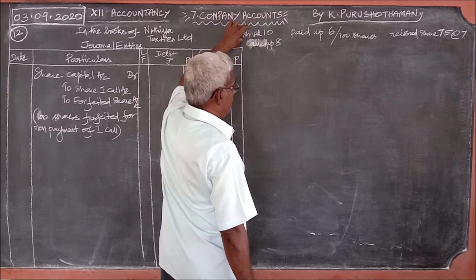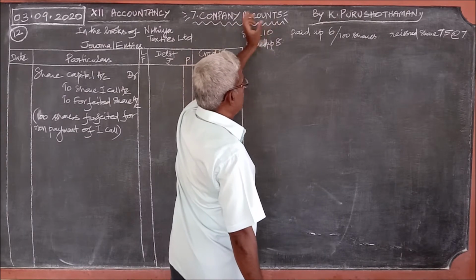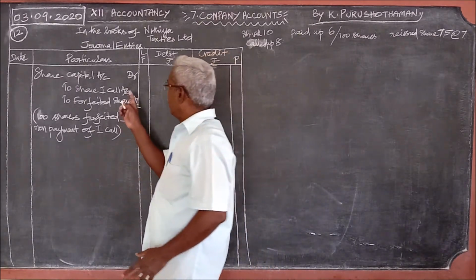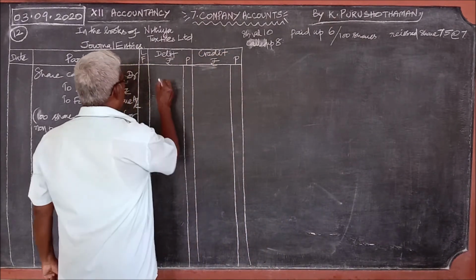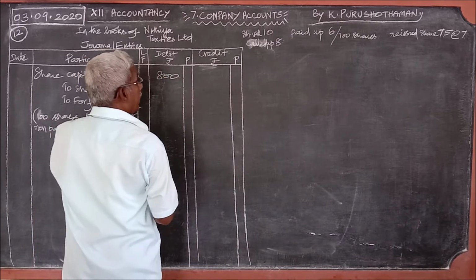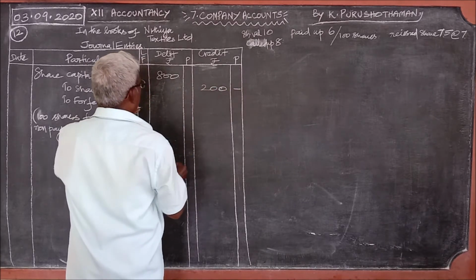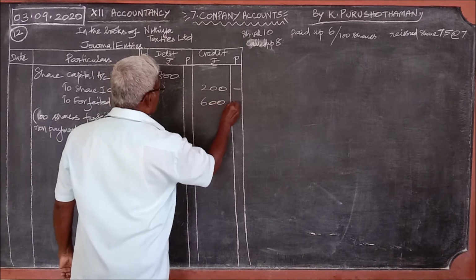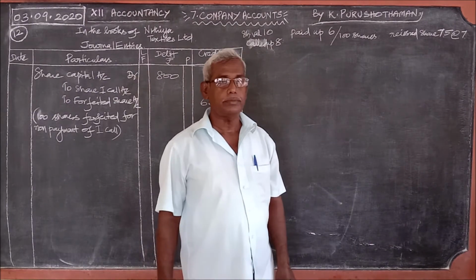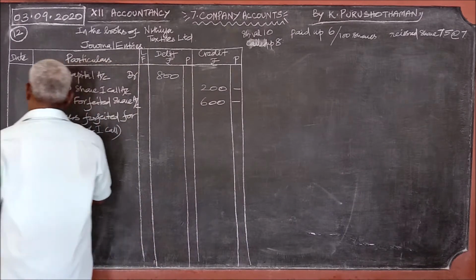Even though the actual share value is 10 rupees, the company called 8, and out of that 8, 6 rupees were paid, and 2 rupees they did not pay. That is first call. So 8 into 100, 800 rupees. But first call money not paid, 2 into 100, 200. Therefore, forfeited share 600. You must be very careful. This is for forfeiture.